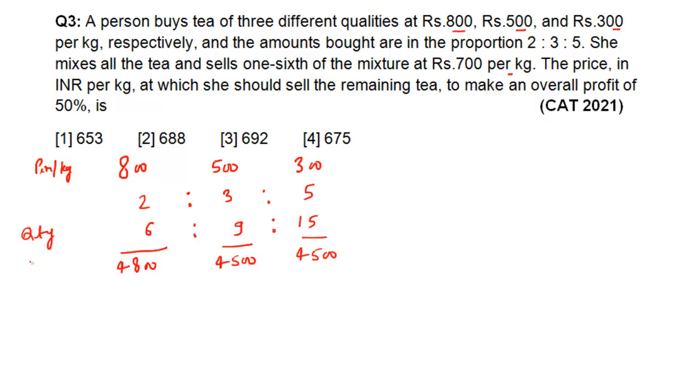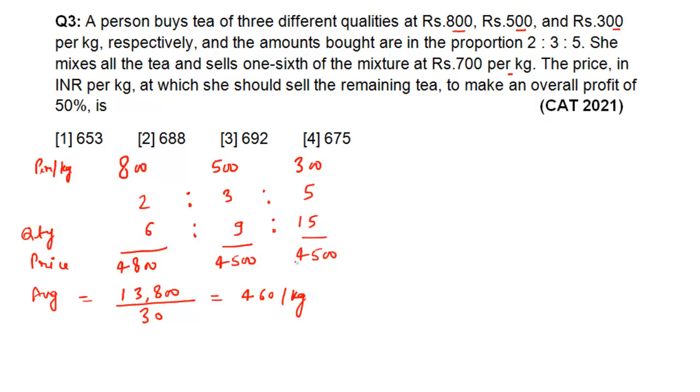So this is the total price, and the average price will be the addition of these, 9,000 plus 4,800, so that is 13,800, divided by total quantity, and that is 30 kg. So this will come out to be 460 per kg. So 460 per kg is the average price, and total cost is 13,800.